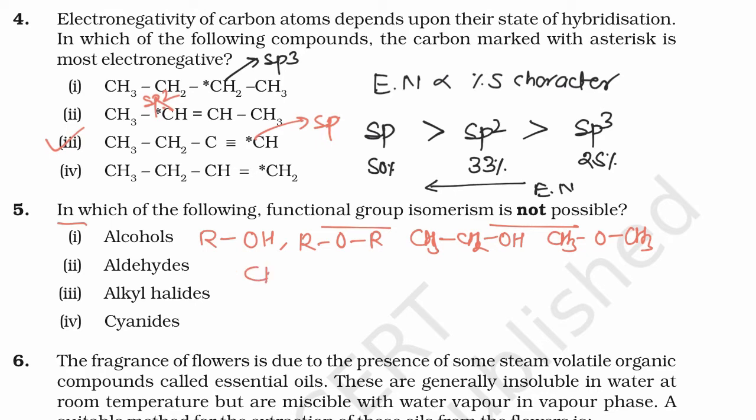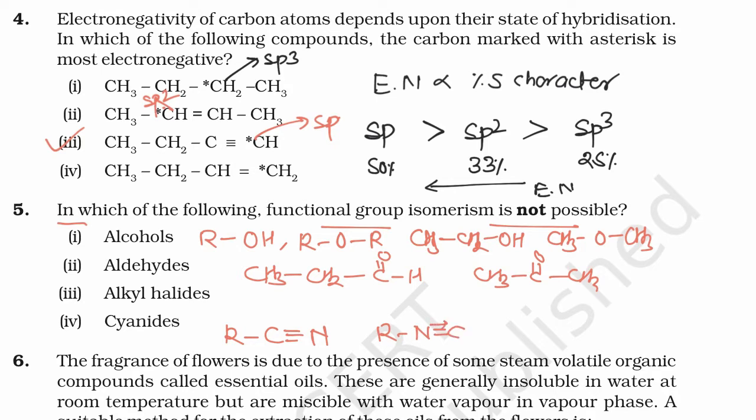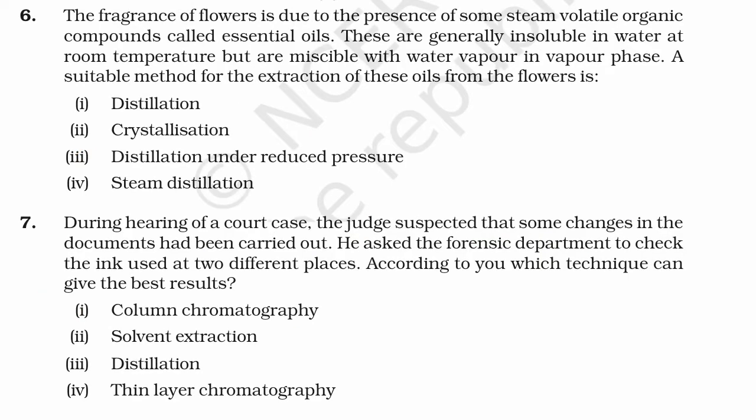Aldehyde, so aldehyde has the functional isomer ketone. If we have cyanide, so cyanide has the functional isomer isocyanide, but functional isomers are not possible in alkyl halide, and hence the correct answer is 3.